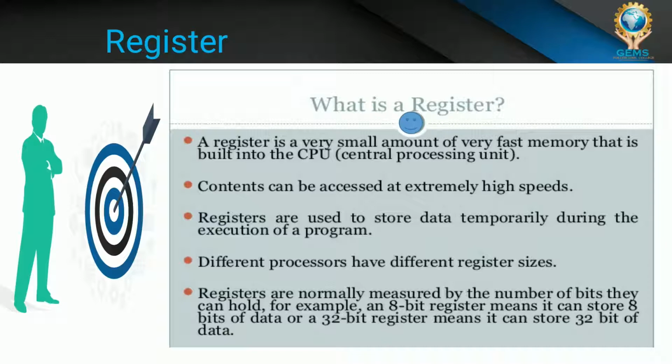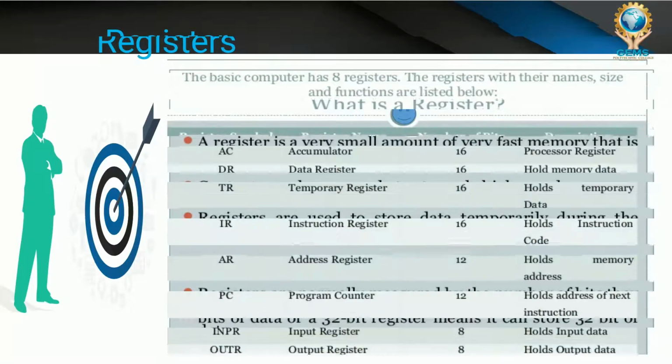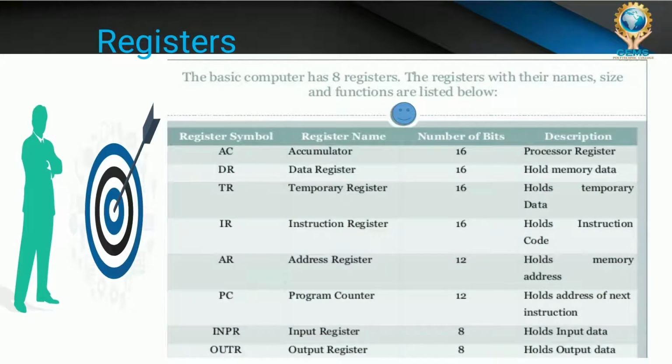And next, different processors have different register sizes. Registers are normally measured by the number of bits they can hold. For example, an 8-bit register can store 8 bits of data, a 32-bit register can store 32 bits of data, and a 64-bit register can store 64 bits. A bit is nothing but one flip-flop.